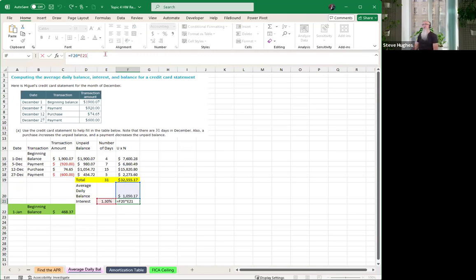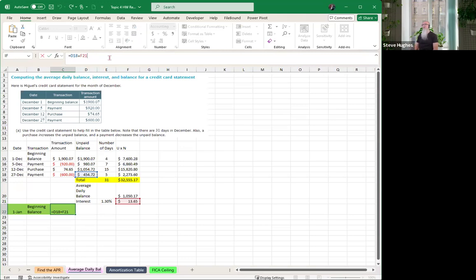So I enter that, and I am almost done. So close. The next one is, what would my new beginning balance be? It would be the unpaid balance from December 31st plus the interest that was calculated on my average daily balance. That's what you would say, and you would be correct.